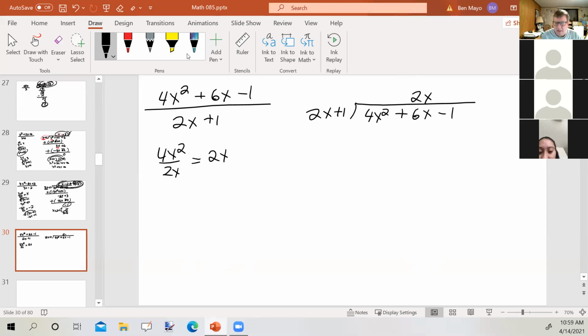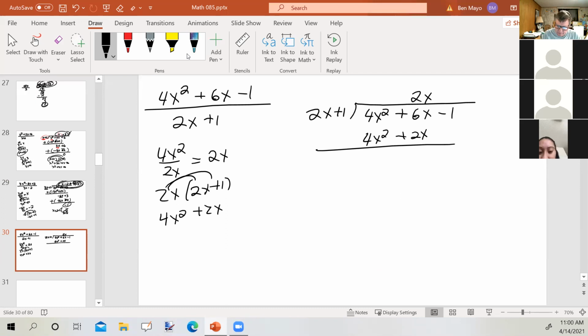So we put that in the x column. Then we take the 2x times the divisor, which is the 2x plus 1, and we distribute: 4x squared plus 2x. We write that up here, 4x squared plus 2x. Draw a line. Subtract that quantity from what's up above.